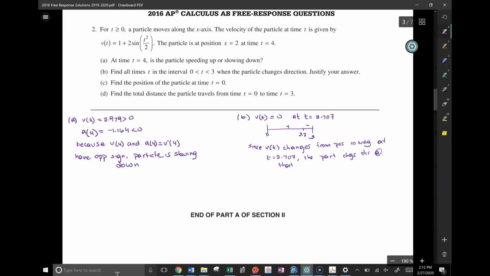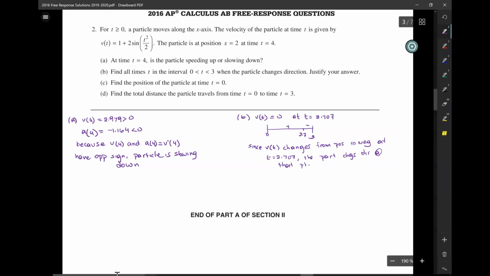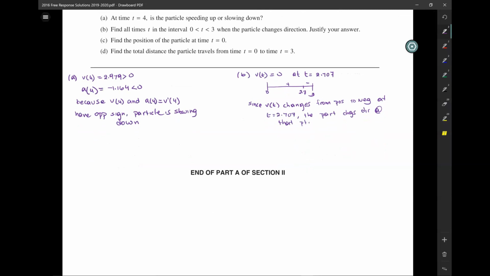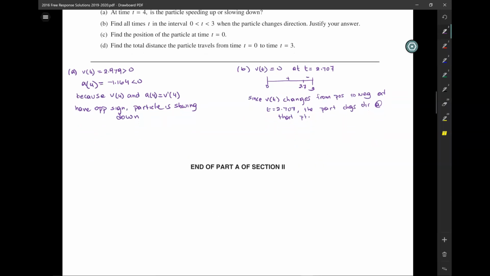I'm abbreviating, but you will not. Yes, you have to say that it's because it changes sign there. This is an important point. AP readers, when I'm at conferences, they always stress this point.